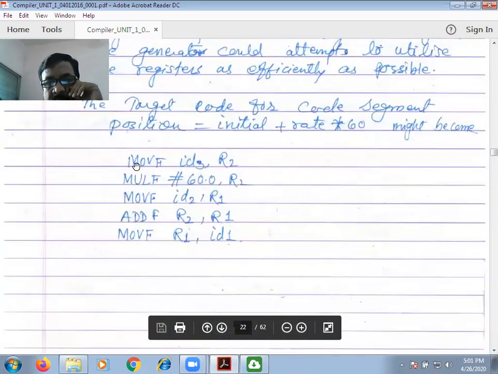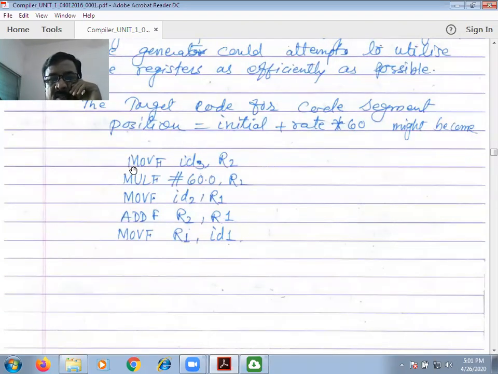Here the example code is converted into assembly code like this: movf identifier 3 comma R2. That means the value of identifier 3 is moved to register R2. Mulf will multiply the constant 60 with the value of identifier 3 and put the result into the R2 register also.